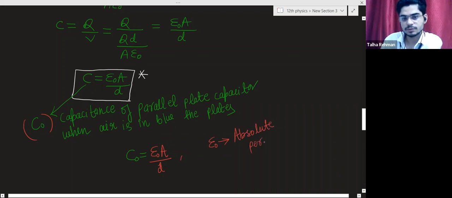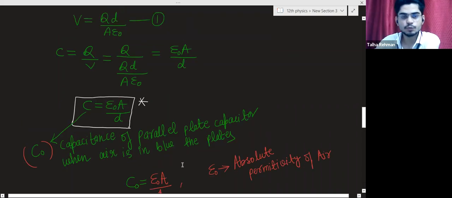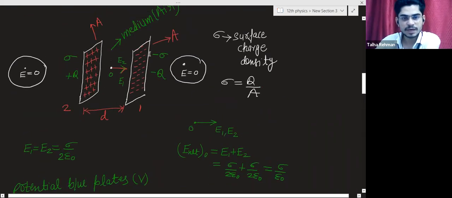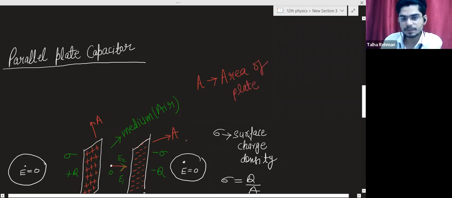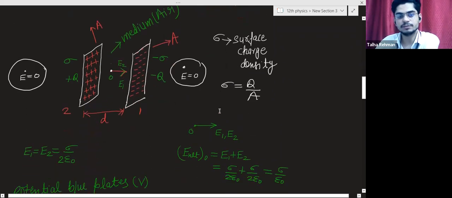D is the distance between the two plates, and A is the area of a plate, and both plates are of equal area.